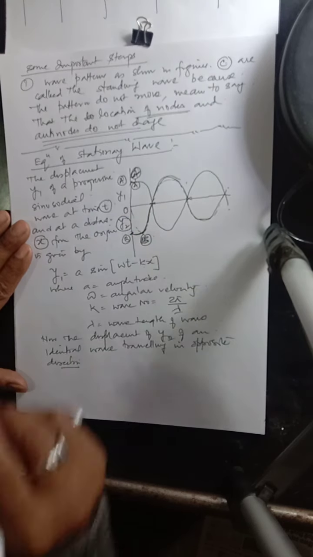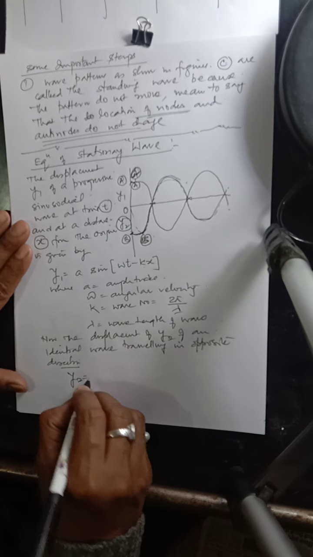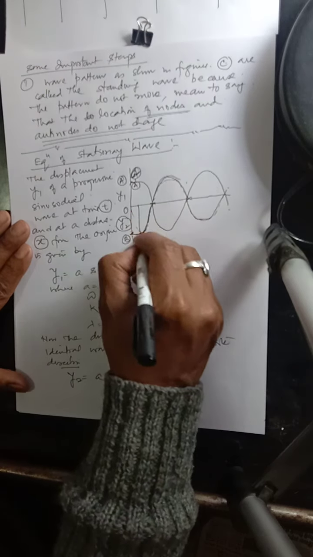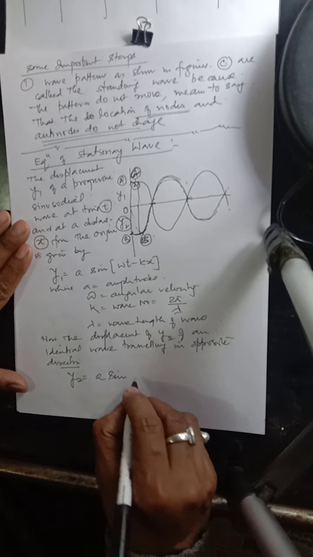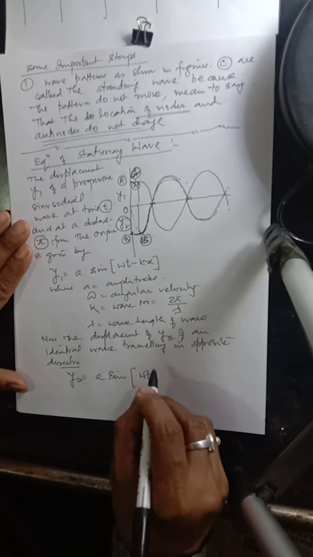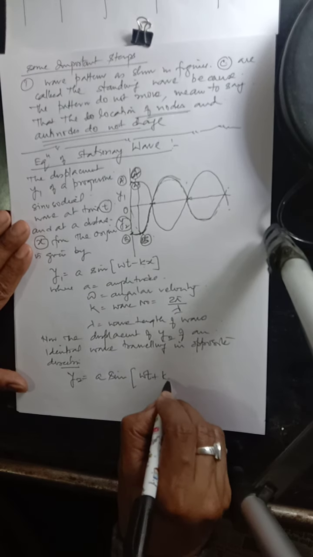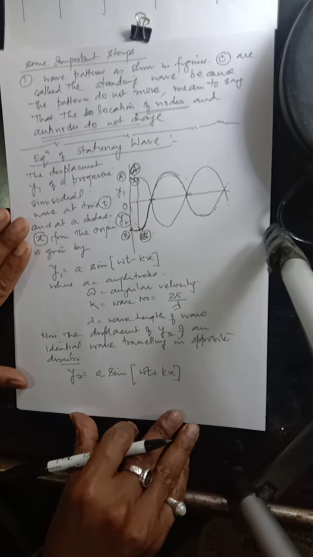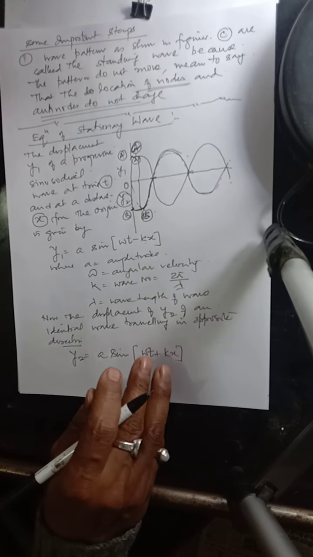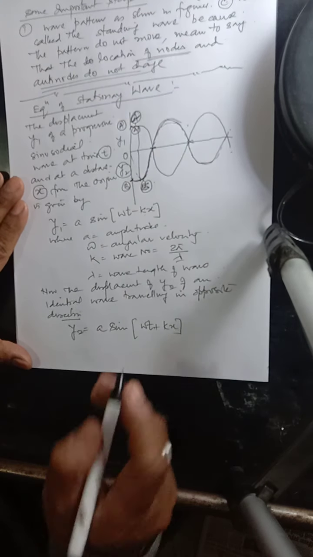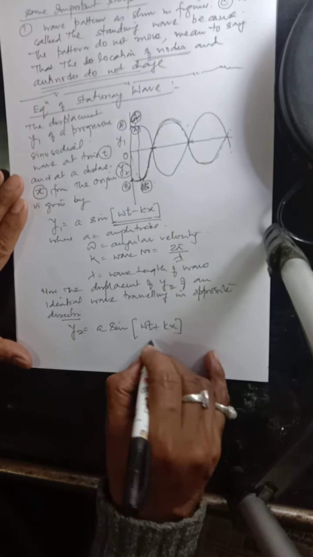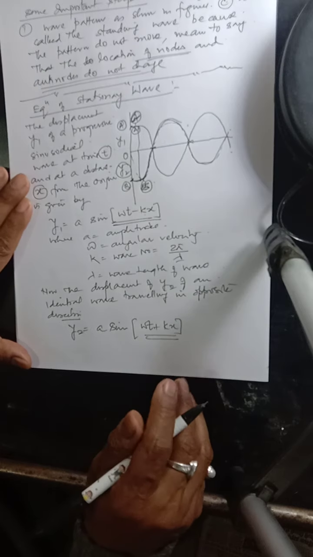So this is the amplitude of this one. So this is y2, it is a, the amplitude is the same, sinusoidal function, it is a sine of omega t, and opposite direction means it becomes plus kx. So we have two equations, this is for the upper one, this is for the lower one.